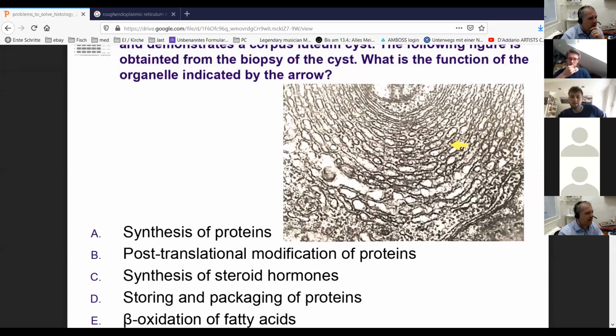Yes, we think it's the smooth endoplasmic reticulum, because there the hormones are produced, and in pregnancy we need steroid hormones like progesterone and estrogens. Exactly. You can see these vesicles, but they don't have ribosomes on them. So that's smooth endoplasmic reticulum, an organelle devoted, for example, to synthesis of steroid hormones.